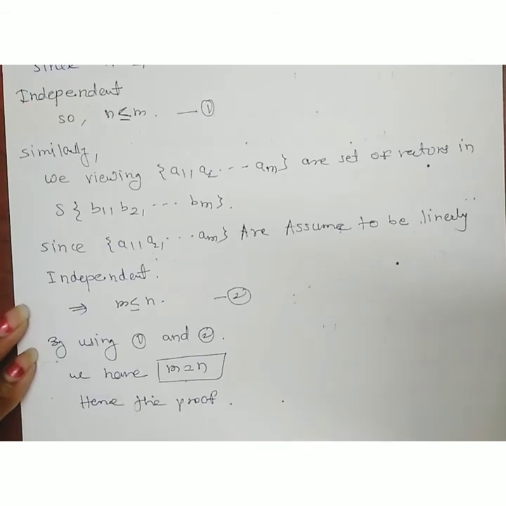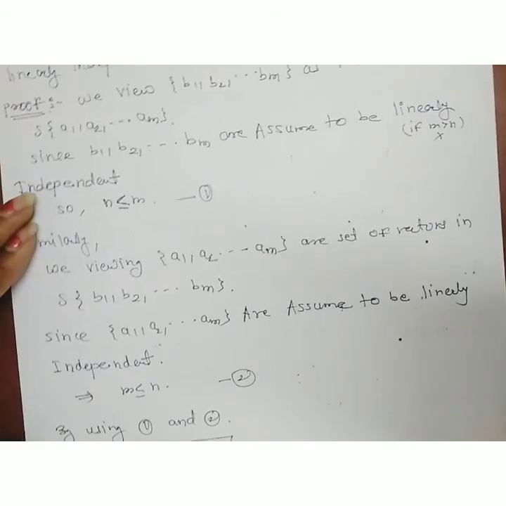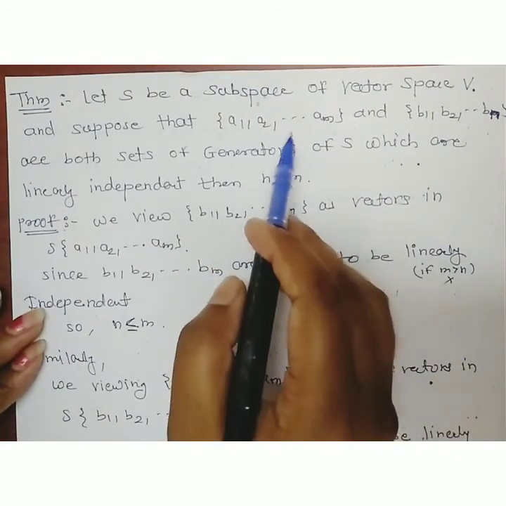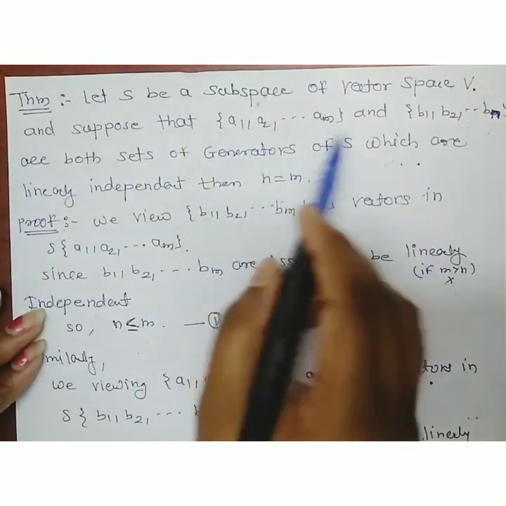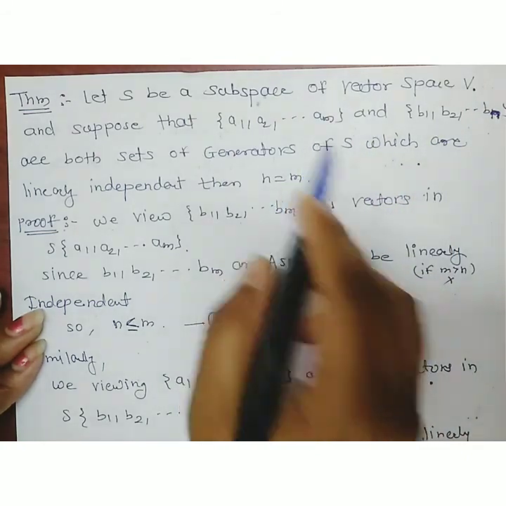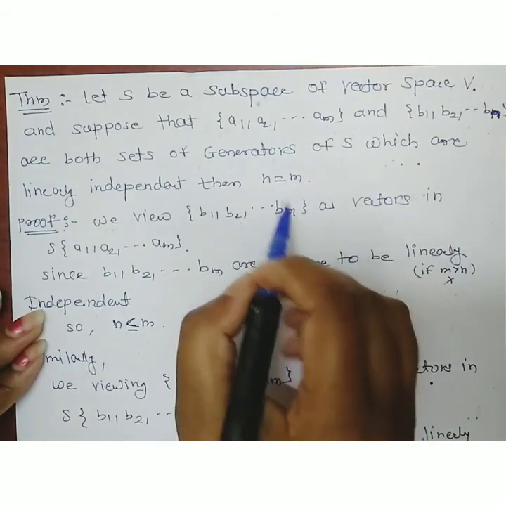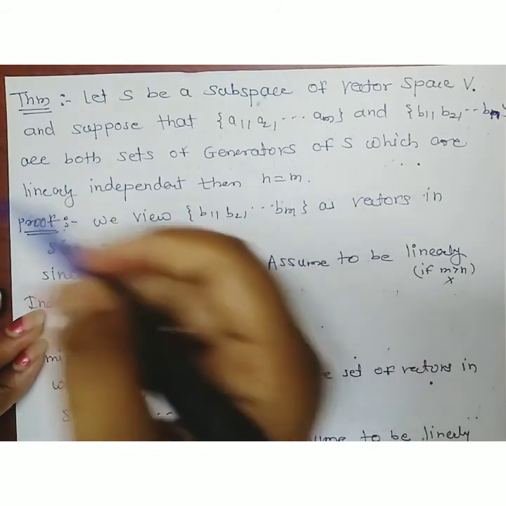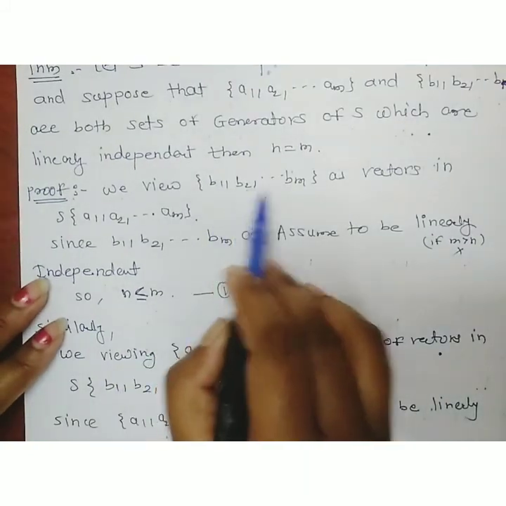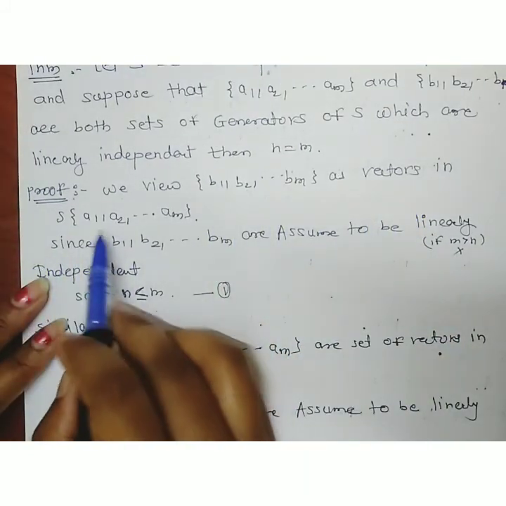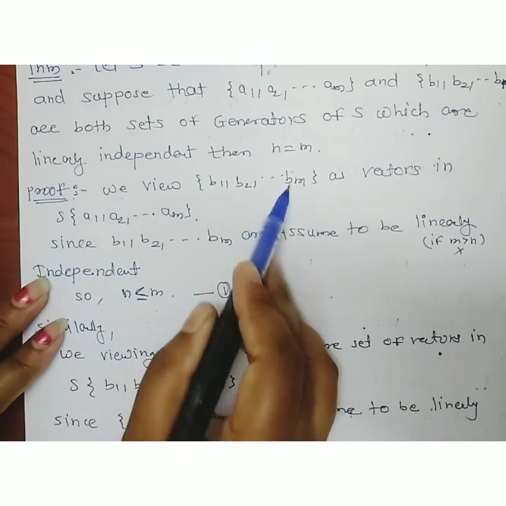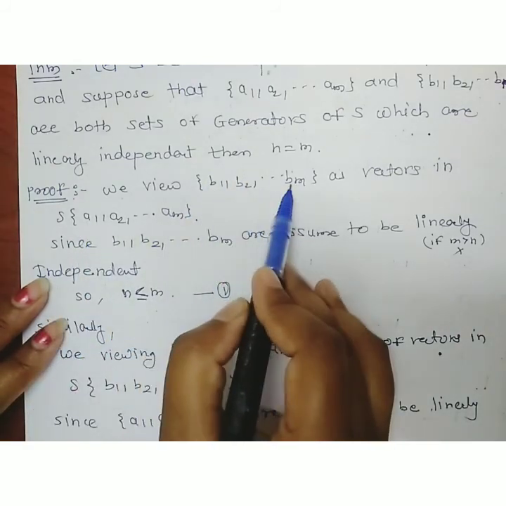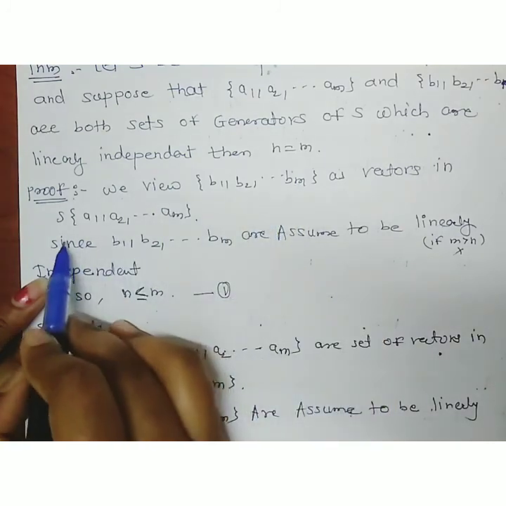So what is discussed in this theorem? If we have two sets of vectors which are generators of the subspace S, A1, A2, Am and B1, B2, Bn, and both sets are linearly independent, then the values n and m are one and the same. What is our procedure? We consider B1, B2, Bm as vectors in the span of A1, A2, Am; since these are vectors in the subspace S and A is a generator set, every vector in it is a linear combination of the spanning set.